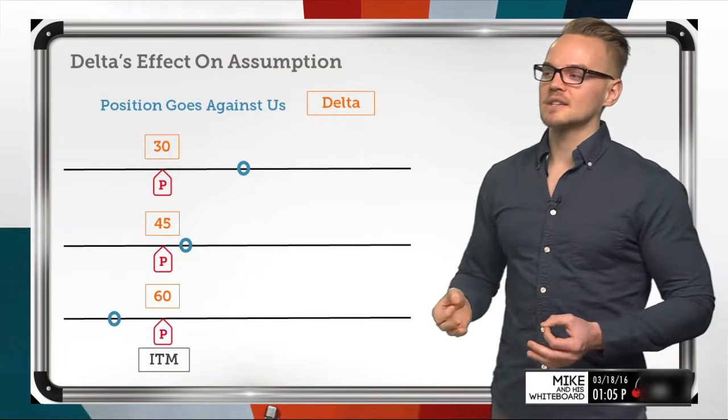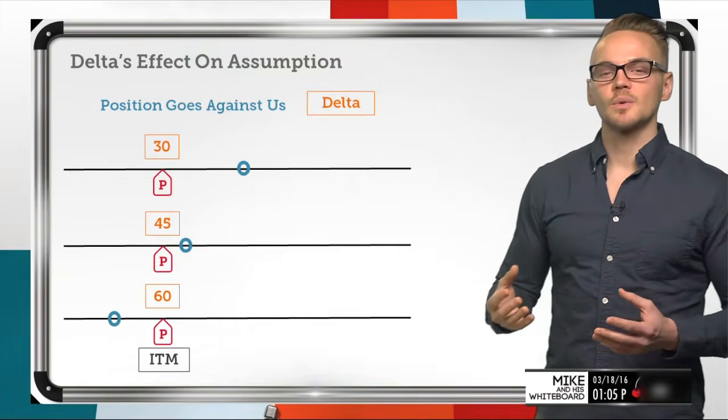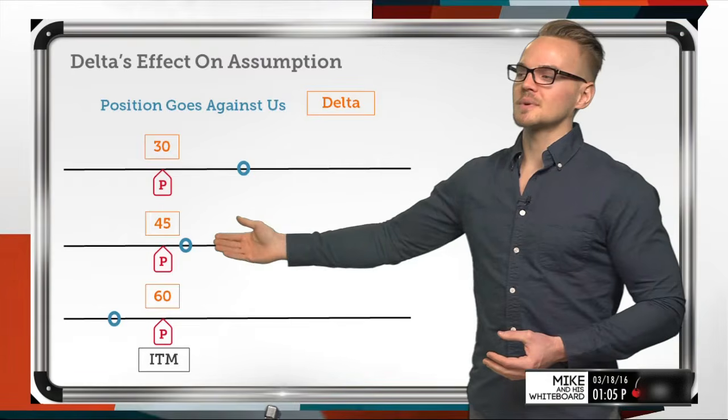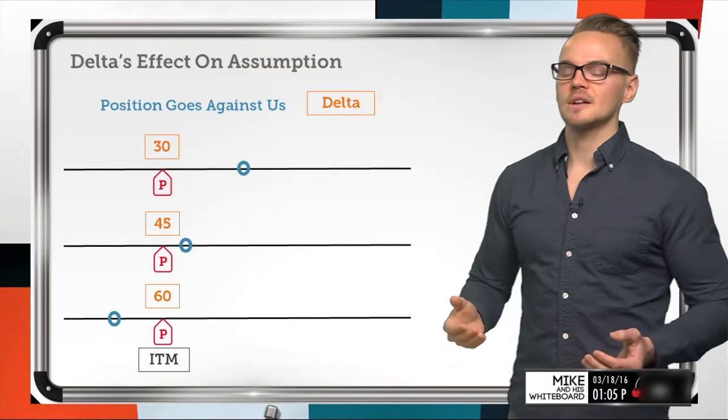But when we look at directional assumption, that's also what's going to increase the delta of this option. So the closer and closer we get to that strike price, the higher the delta is going to be.